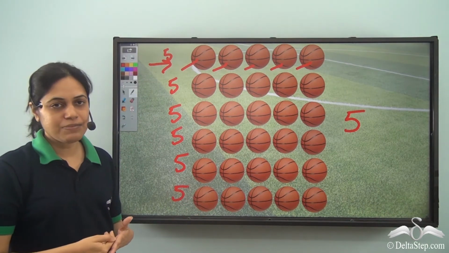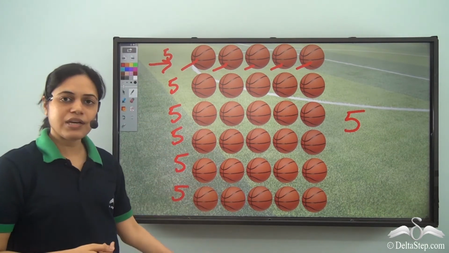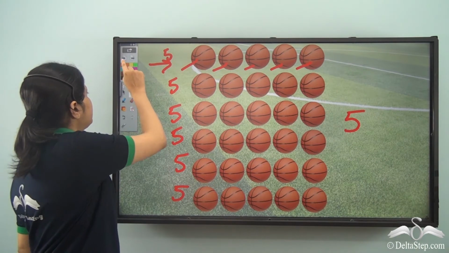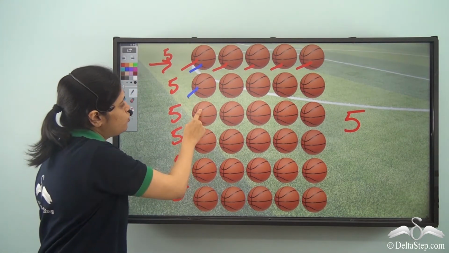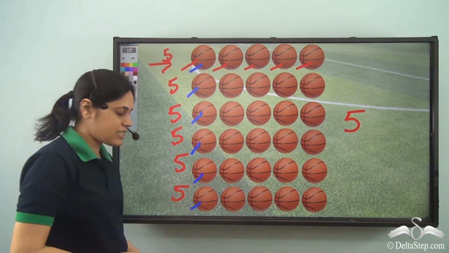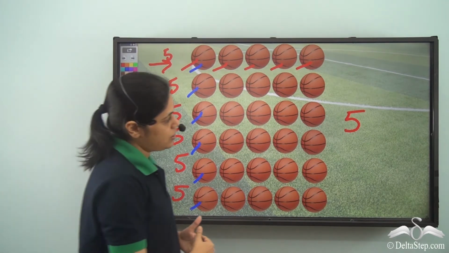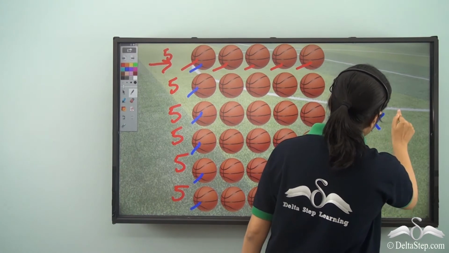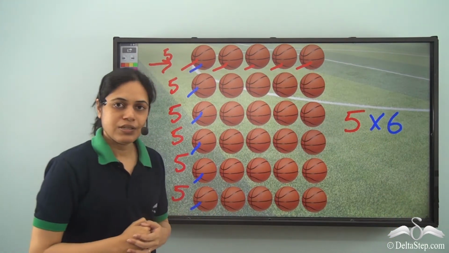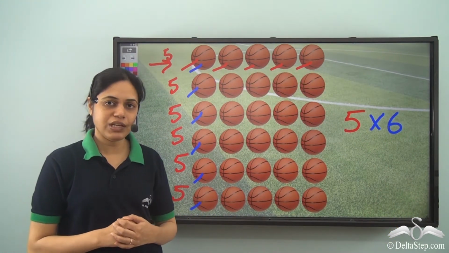And how many rows are here? 1, 2, 3, 4, 5, 6. So this is 5 added 6 times. So 5 into 6, 6 times 5 is what we need.